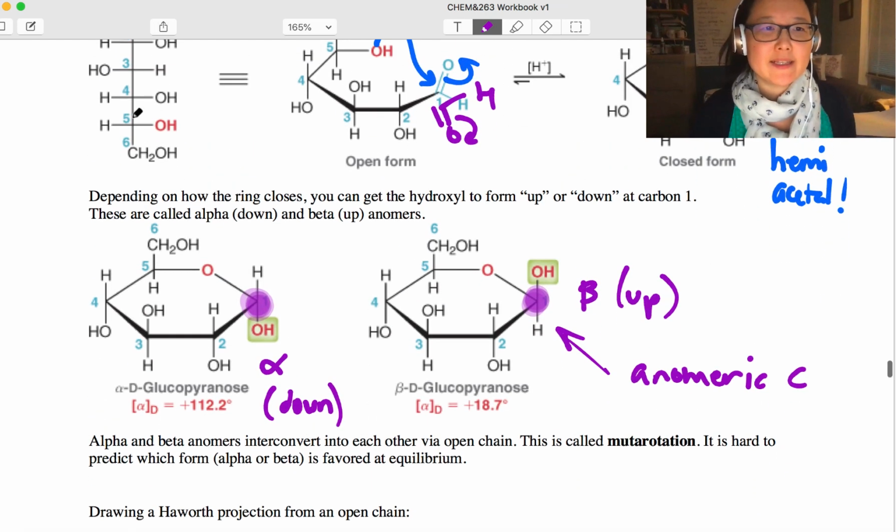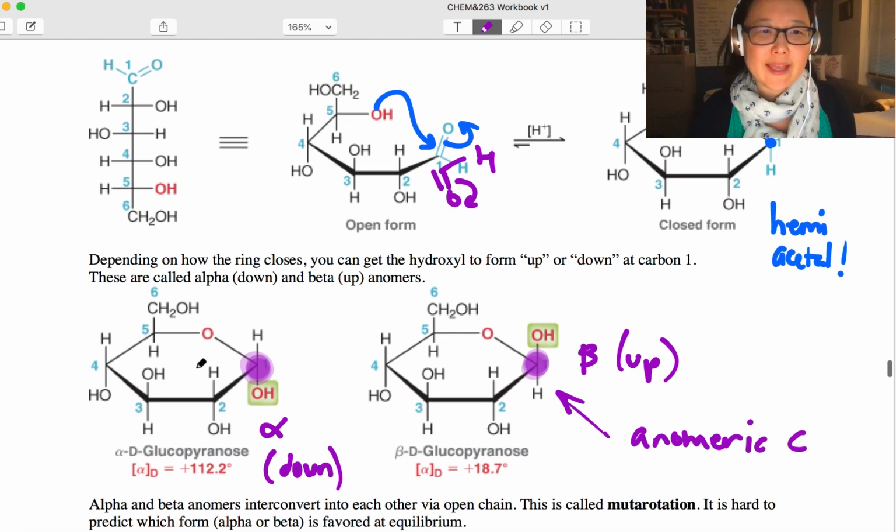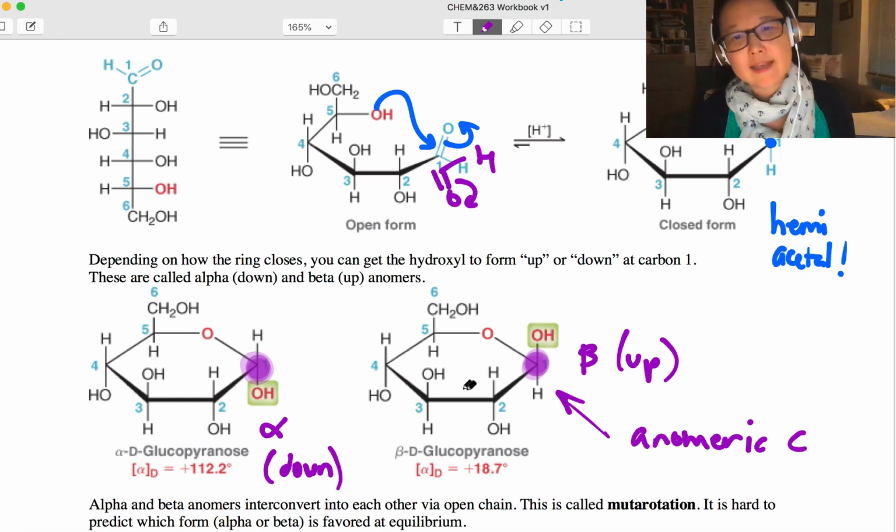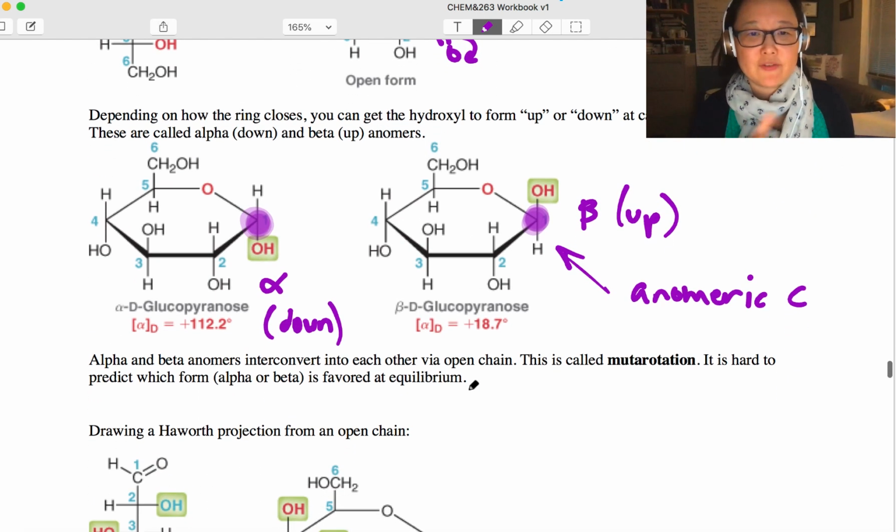So let's say that the chain closes up, we make the alpha form, and then in equilibrium there's some amount of the open chain form, so this one can open up again. These are reversible reactions, especially in acid we can open those up, and this open form can then close up again and turn into the beta form, for example. So we can have interconversion.